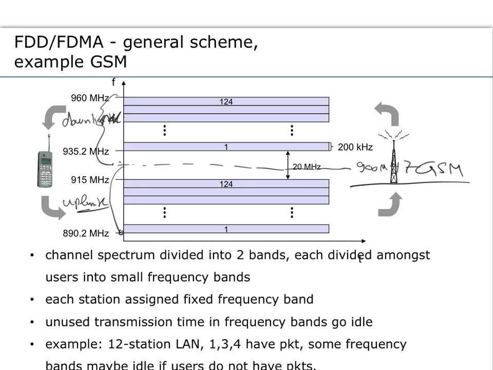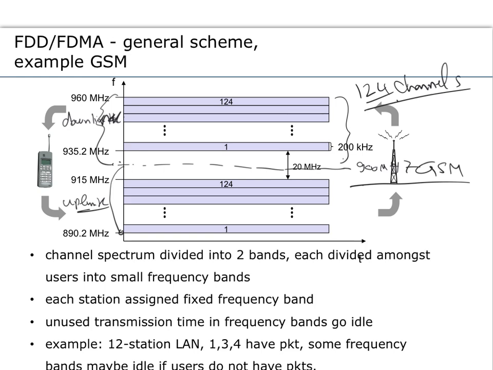Each of the downlink and uplink halves of the spectrum, we divide into 124 channels. Which means that at one point in time, I can have at most 124 nodes assigned to these channels, 124 nodes transmitting at the same time on different frequencies.